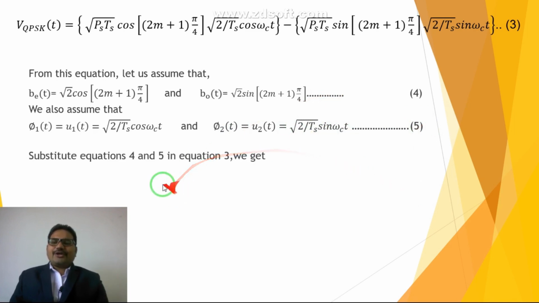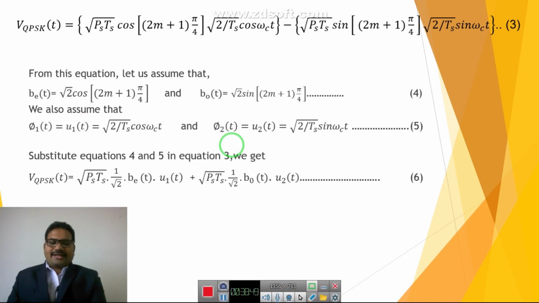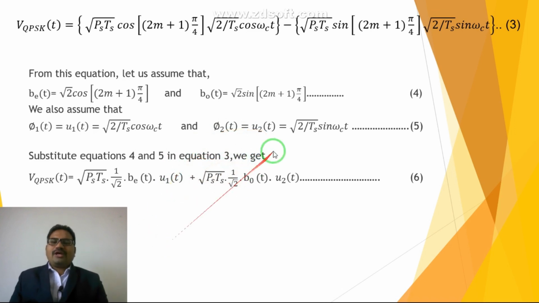Now substituting equations 4 and 5 into equation number 3, what would you get? You would get root PsTs times 1 by root 2 B of et into u1 of t plus square root of PsTs times 1 by root 2 B of ot u2 of t.